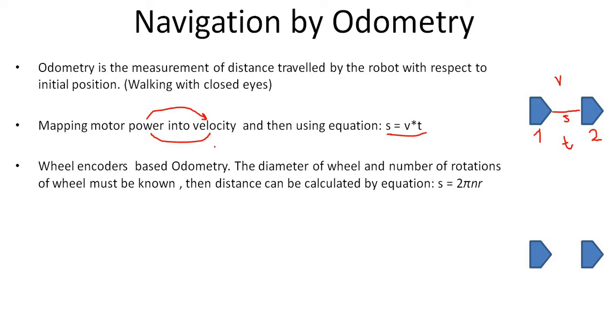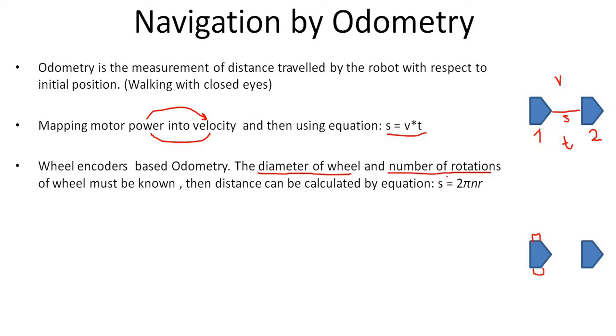There is a very famous one, using wheel encoders, or wheel encoder based odometry. In this type, we have a robot with 2 wheels, and on these 2 wheels optical encoders are attached, which can count the number of rotations of the wheels. What we need to do is we need to know the diameter of the wheel and the number of rotations of the wheels.